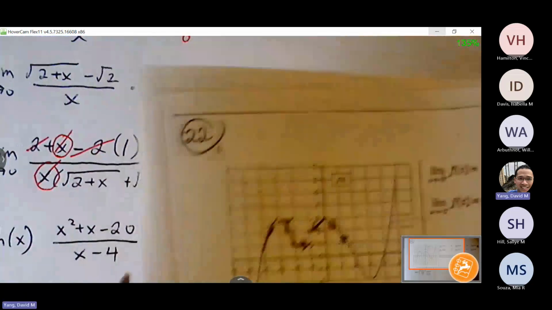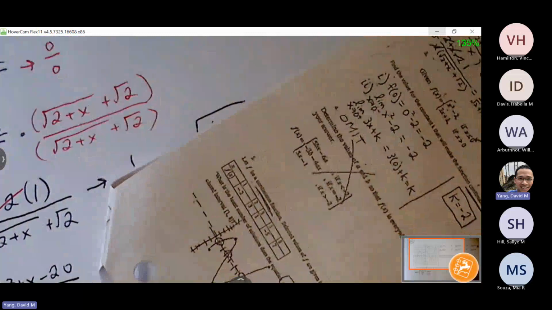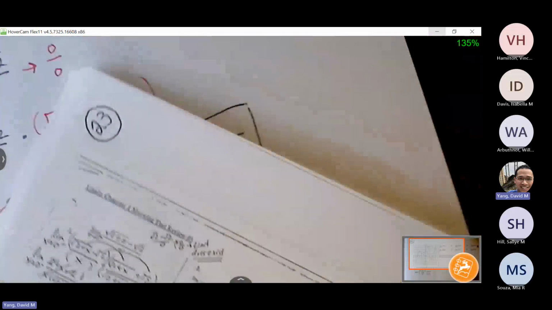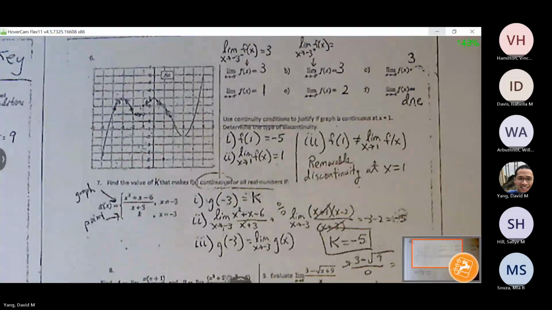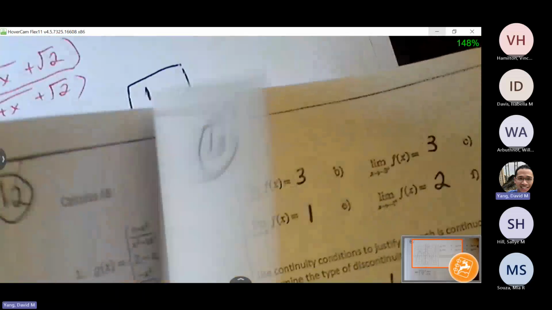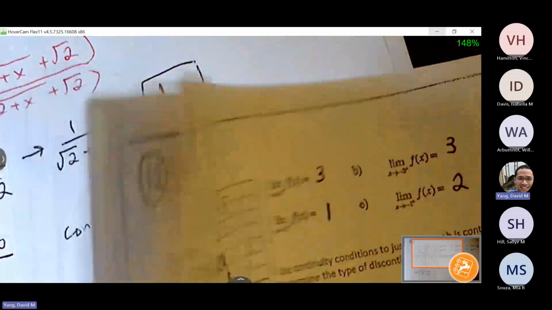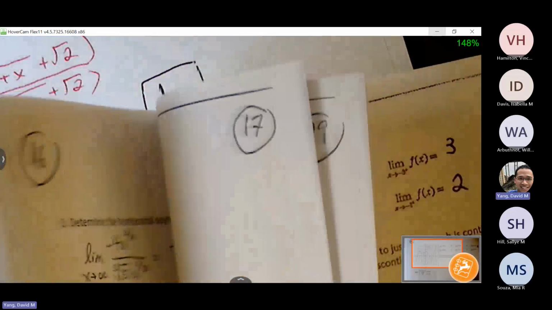Yeah, on my key, I have removable discontinuity. Right? Okay, let me go through those steps.